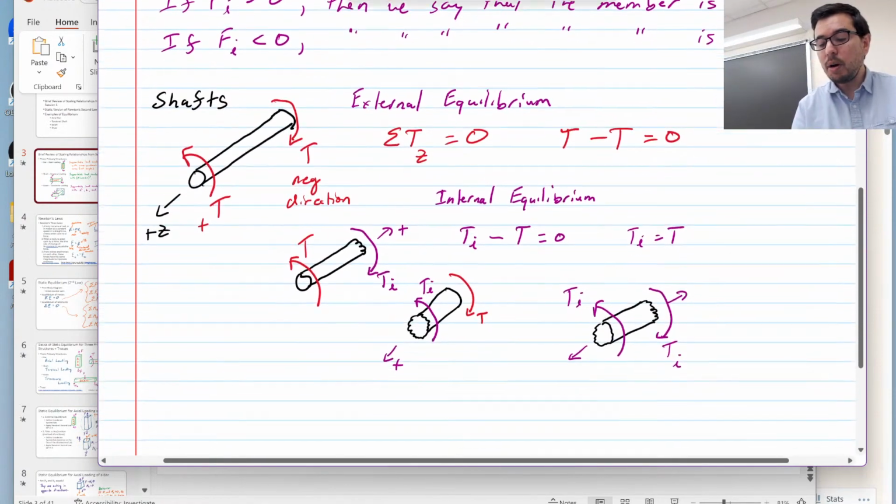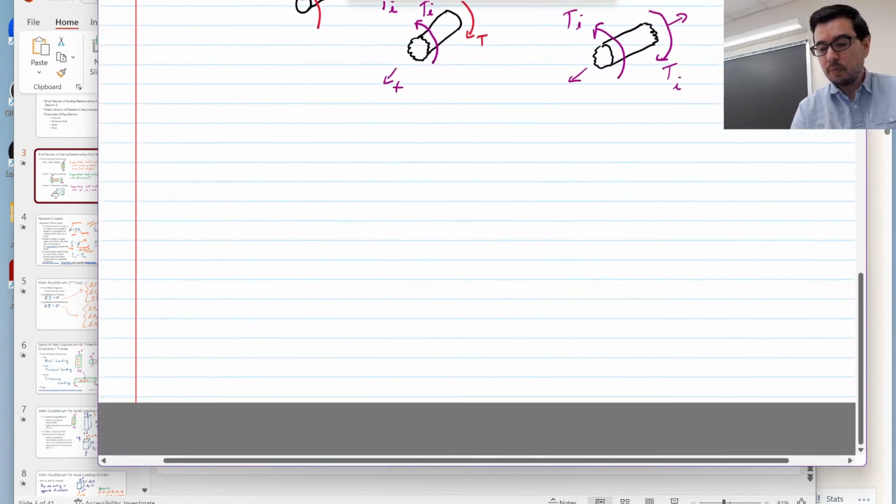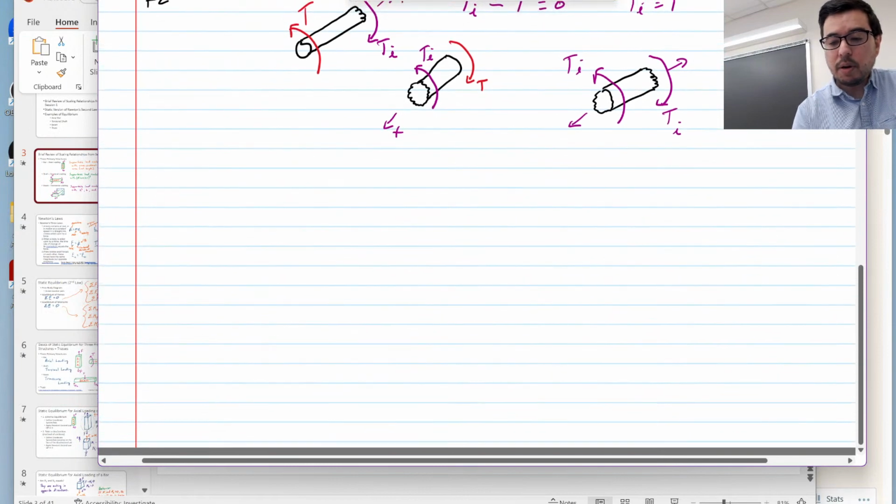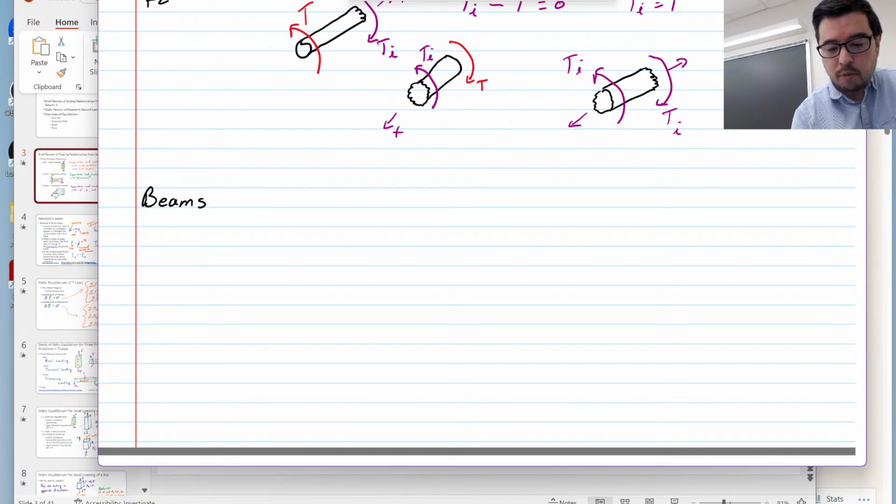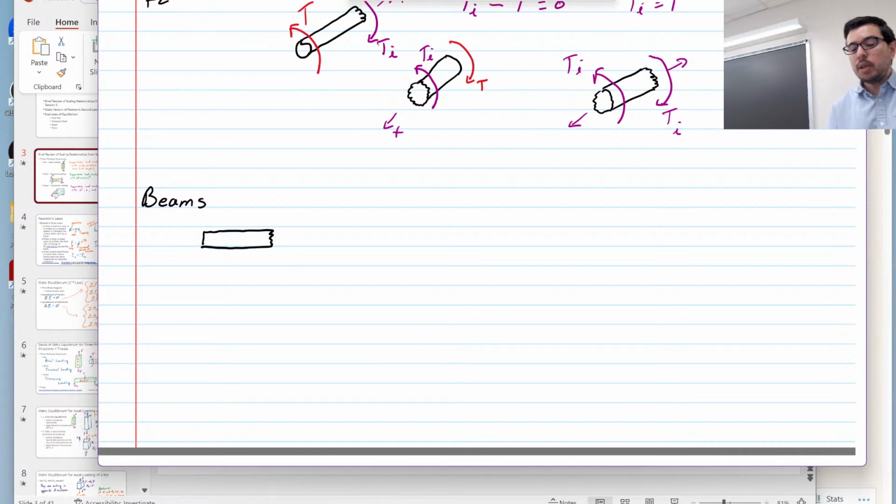And then when we look at bars, I'm sorry, not bars, look at beams, we have a convention that we follow, as you will remember and as you recall. And that convention is something like the following.